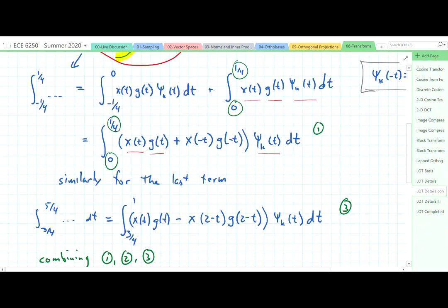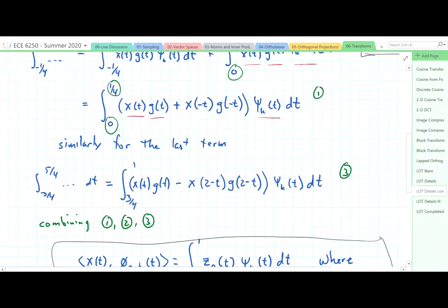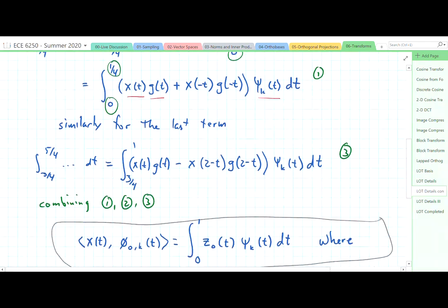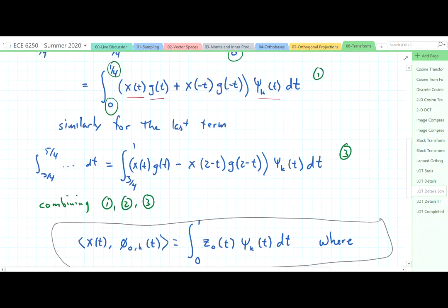Now we can repeat this for the last term, and applying similar things, we get an expression much like that, except that now instead of x of negative t and g of negative t, we have x of 2 minus t and g of 2 minus t. And we're once again inside the 0-1 interval, in this case from 3/4 to 1.